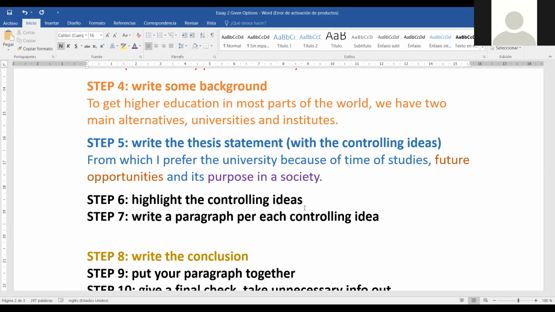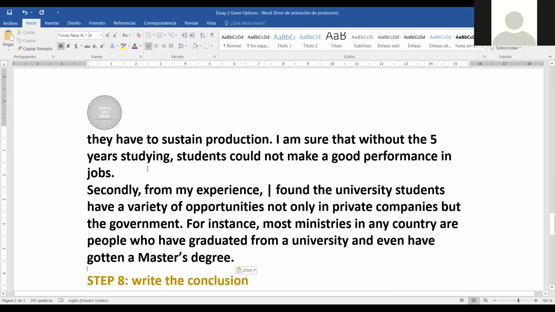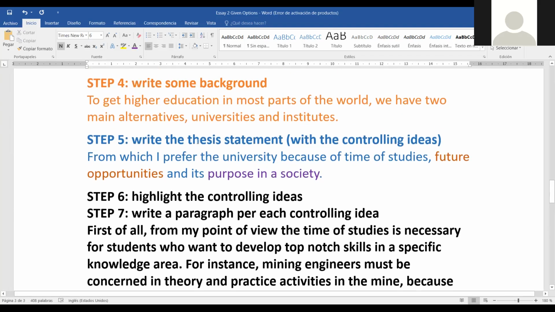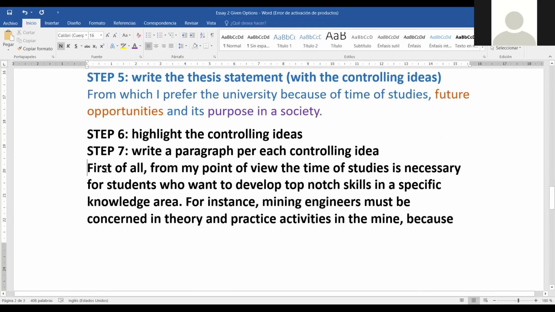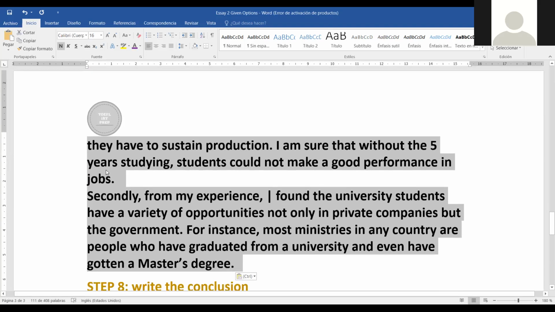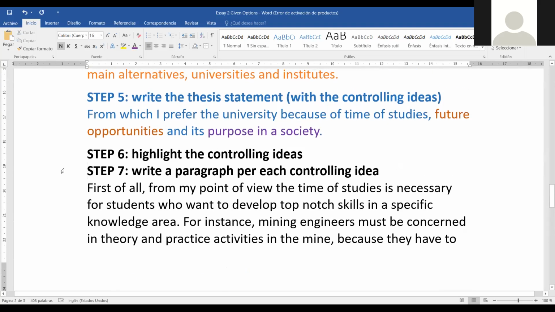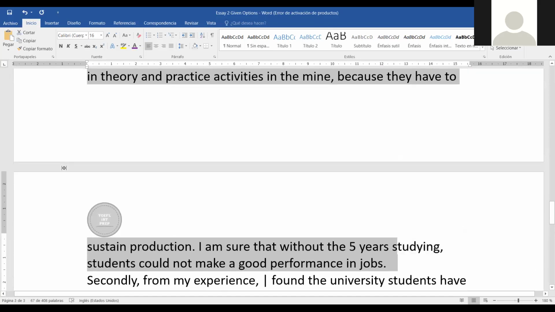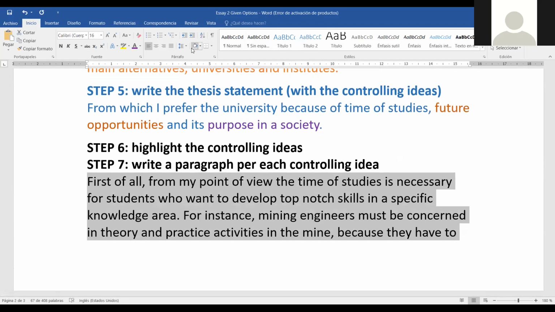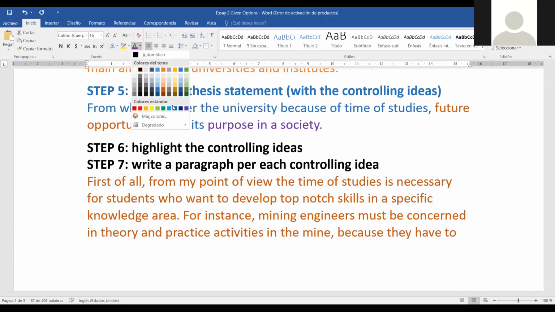So I'm gonna paste my paragraphs. And let me paint them. The first one should be a little bit like light blue.